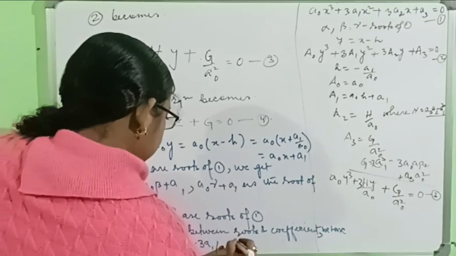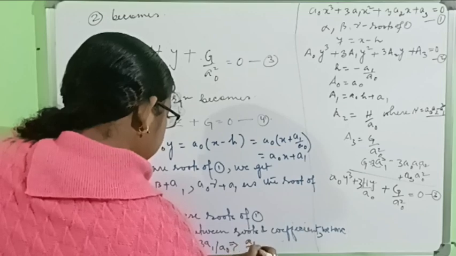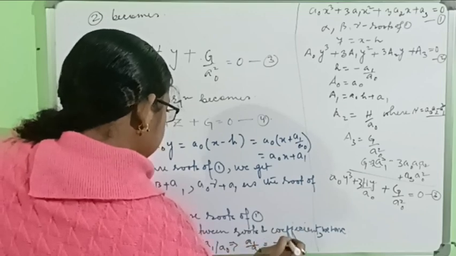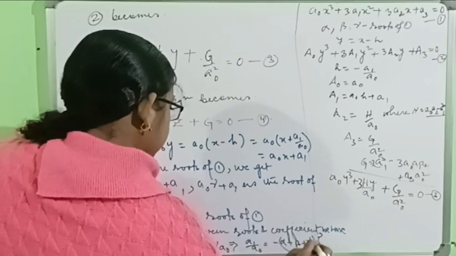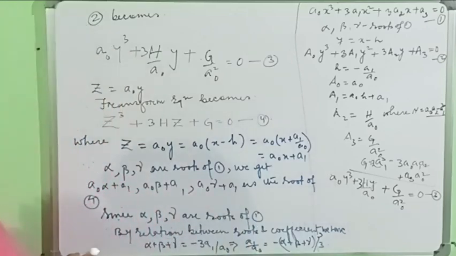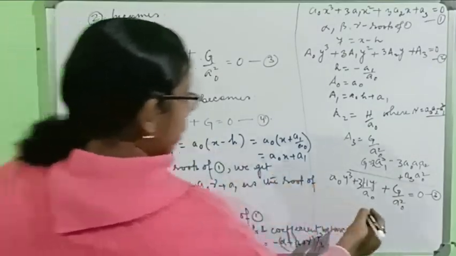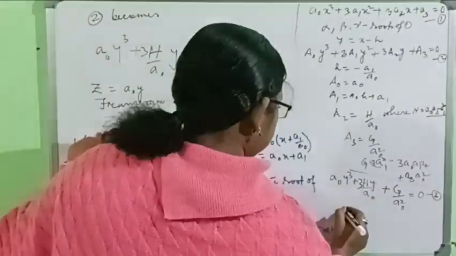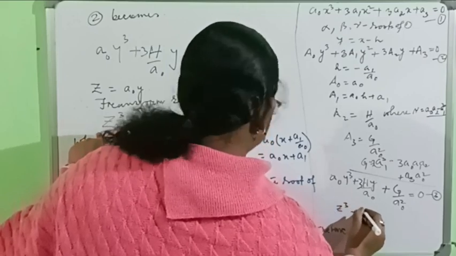This implies a1 by a naught is equal to minus alpha plus beta plus gamma by 3. Now, first you should write this equation 4 on the right hand side so that you can use this later on.